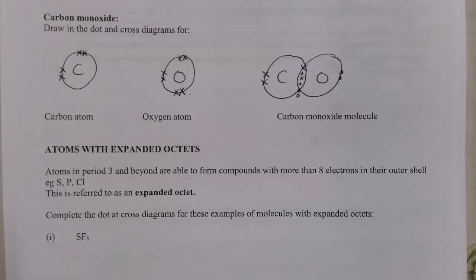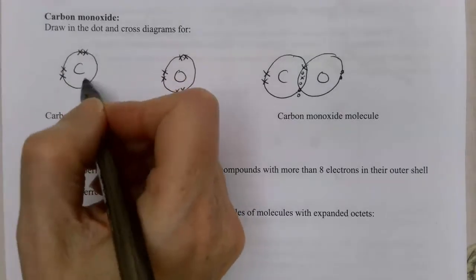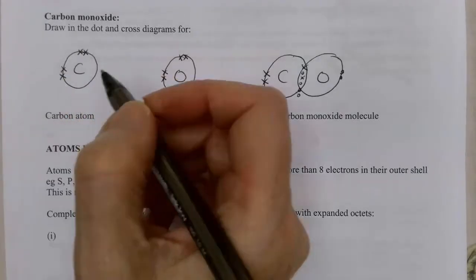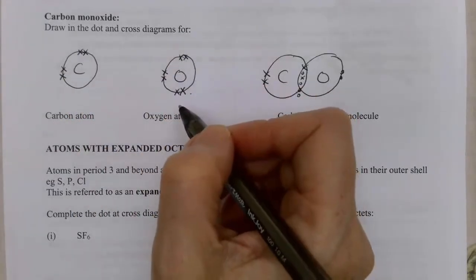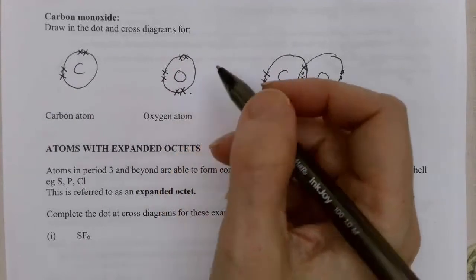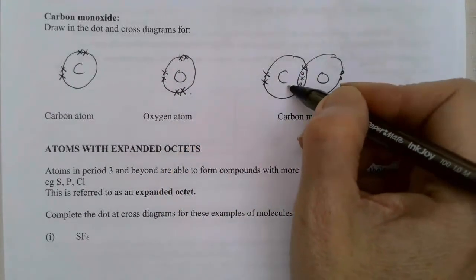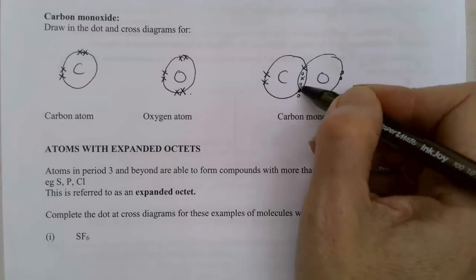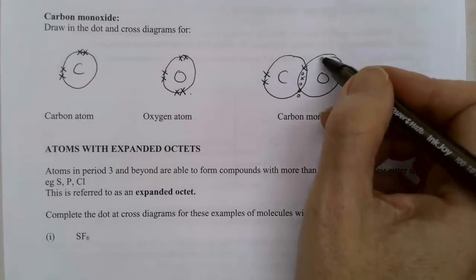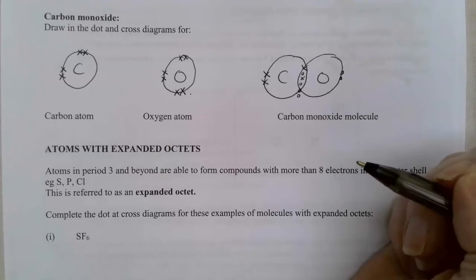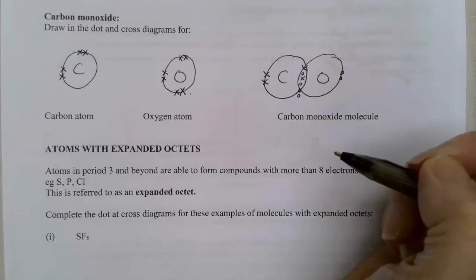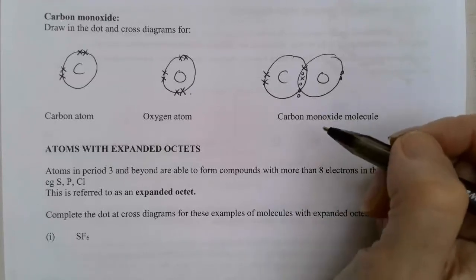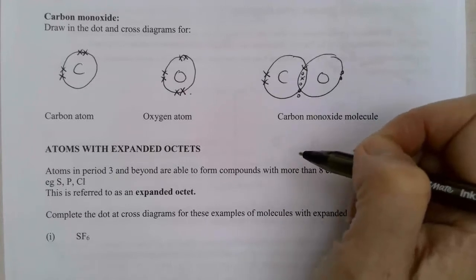So our last example in this case is carbon monoxide. So carbon here has 4 electrons in its outer shell, oxygen has 6 electrons in its outer shell. Now I can make a double bond between the carbon and the oxygen, but if it tries to make a triple bond, that will push the numbers of electrons in oxygen's outer shell over 8. Now there's nothing wrong with that for a period 3 element, and we're going to have a look at that later.